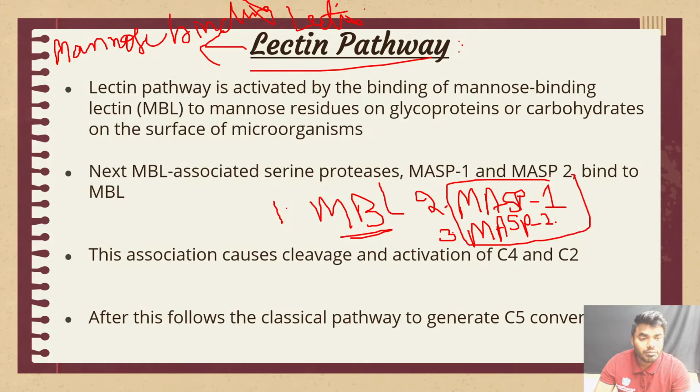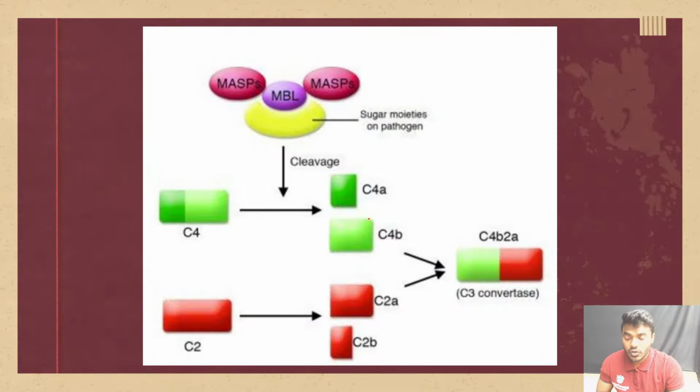These two are the major proteins which will be associated with this particular mannose binding lectin. Kindly do not get confused with this particular point. Now listen, friends, don't get confused. Just listen to me very carefully.